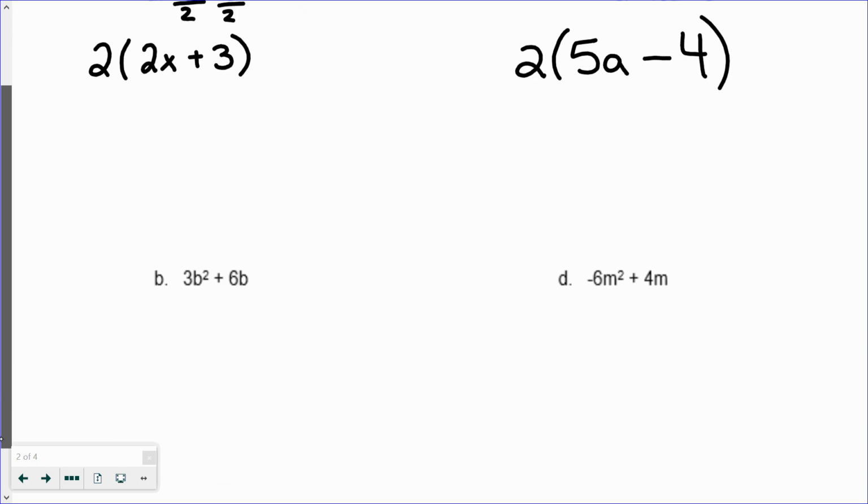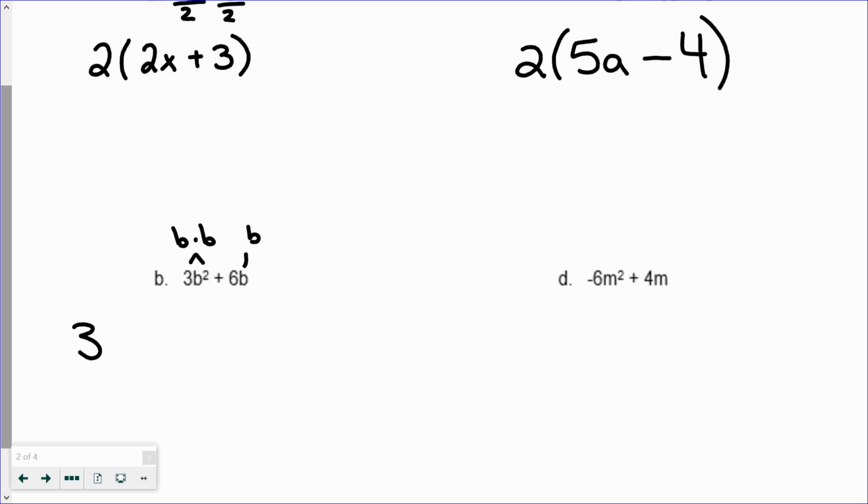Next one. We're going to see what 3 and 6 have in common. 3. Okay, and then I have to deal with the letters now. So I have b squared, which is technically saying b times b. And then I have 1b.